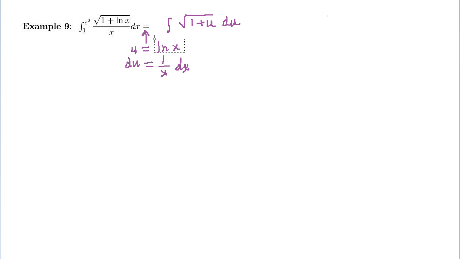So let's do this. Instead of ln of x, let's let our u be 1 plus ln of x. So then this whole inside, that's your u. So this will now not be square root of 1 plus u, but it'll just be square root of u.